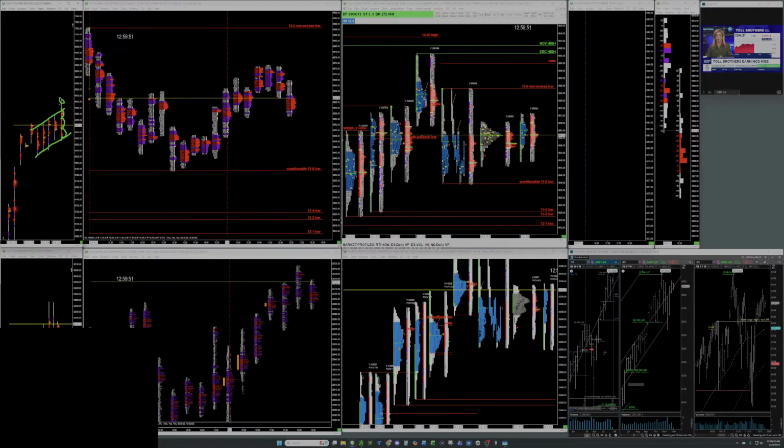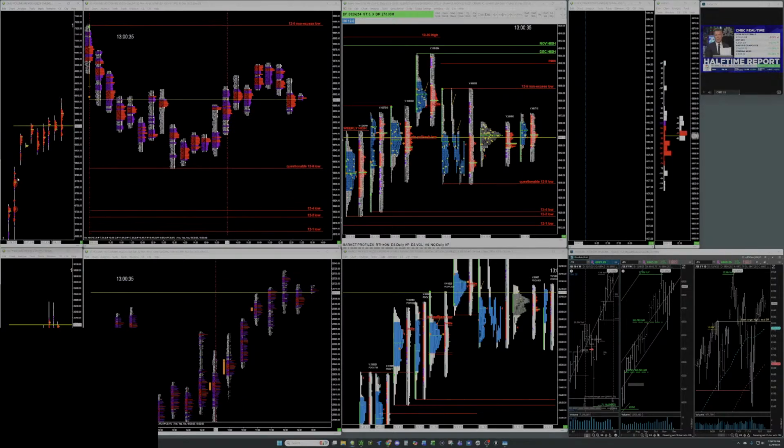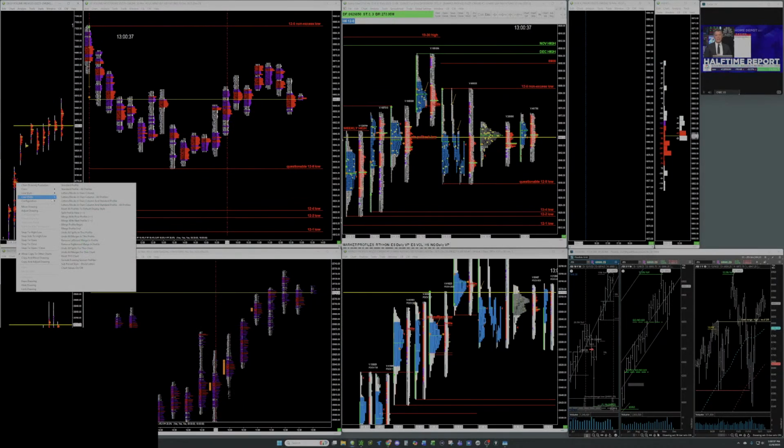Now, if there is a breakout here, in this case to the downside, I think the next one on the lower side is this area here. I believe this is also a merge. Is this a merge? Yeah, it is a merge.